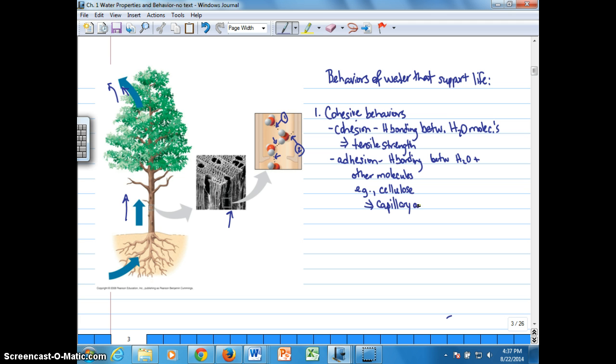So adhesion facilitates capillary rise. Whoops, I'm writing adhesion. Capillary rise. Both of these characteristics for water, cohesion and adhesion, ultimately contribute to our transpiration. So we'll be talking about that more when we get to the topics, more details of transpiration.